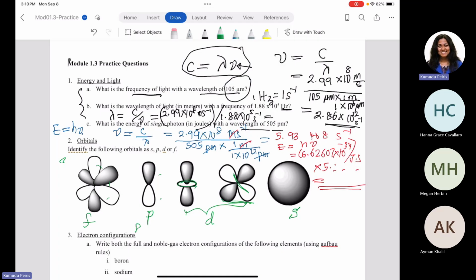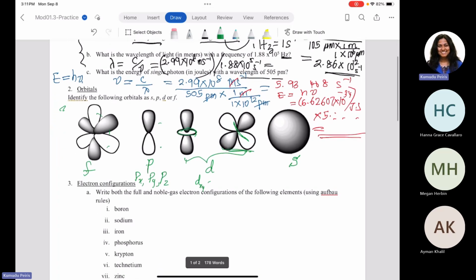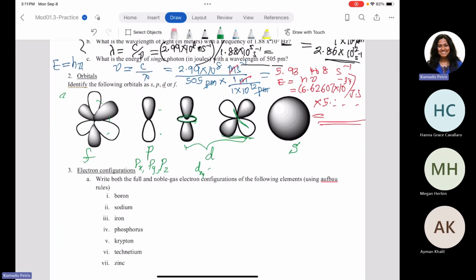There are px, py, and pz, and d has dxy, dyz, like that, 5 different orbitals. F has 7 different types of orbitals. Right, those are the shapes. Do you have any questions?